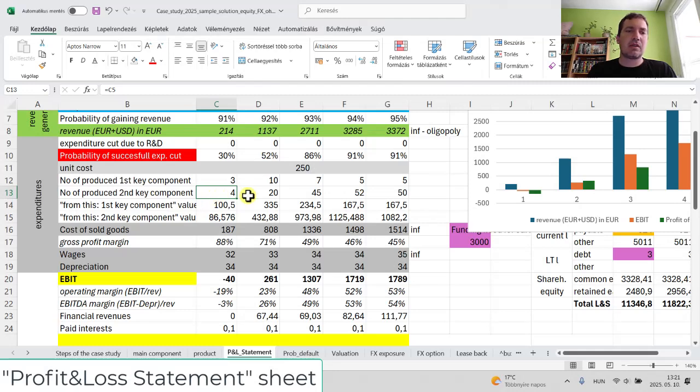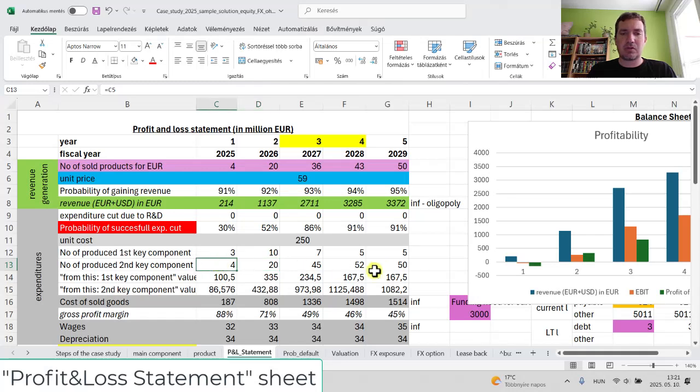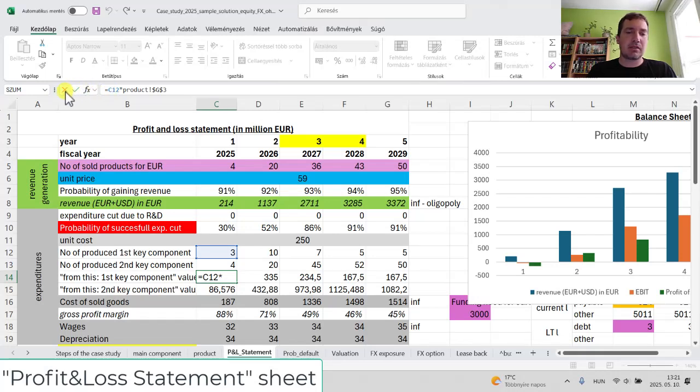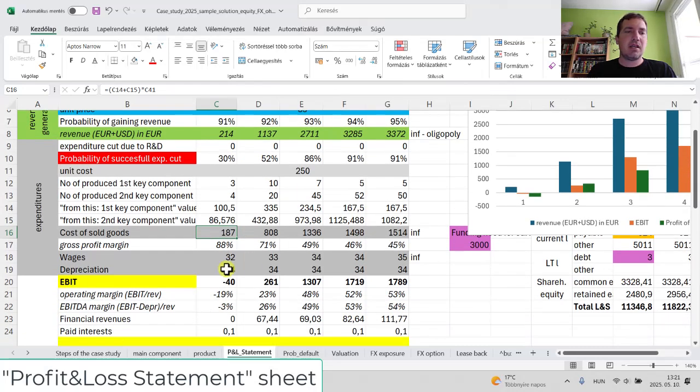Number of produced second key component, this is coming automatically from the number of missions because we cannot recover the second stages and the fairings. And after that, we just have to do the math. I mean, the Excel will do the math, so you don't have to do anything. So, value. So at the end of the day, you can read the cost of sold goods, which is nice.